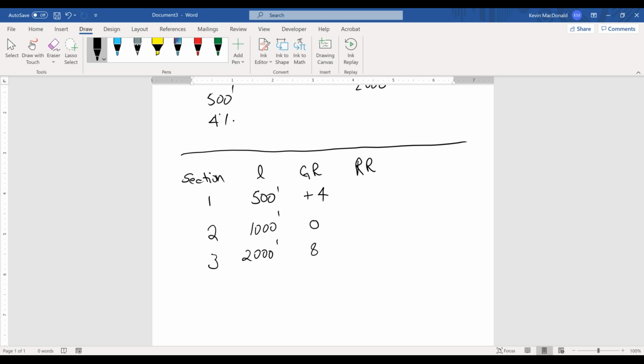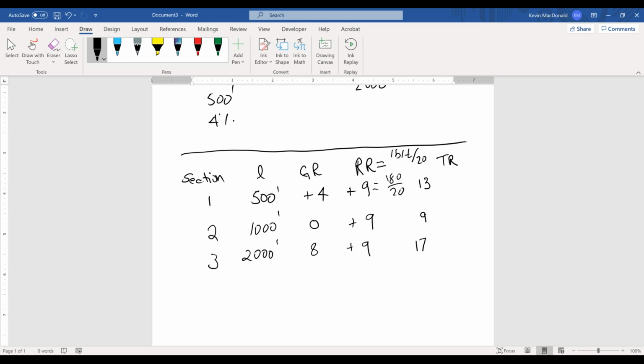Now we need our rolling resistance, which, if you remember, is equal to the rolling resistance in pounds per ton divided by 20. And we said that value was 180 pounds per ton. So here the rolling resistance is 9%, which is 180 divided by 20. Here it's 9%, and here it's 9%. And our total resistance in these cases is 13, 9, and 17% respectively.